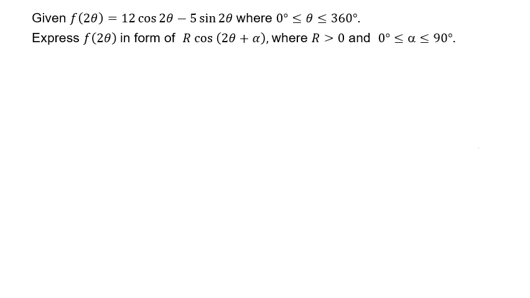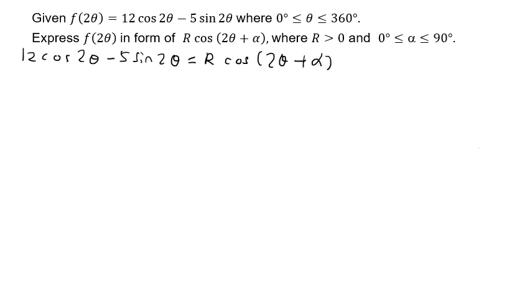So firstly, we need to equate the expression given, that is 12 cos 2θ − 5 sin 2θ, with the form r cos(2θ + α). Next, we notice that this is actually the compound angle, cos(A + B).